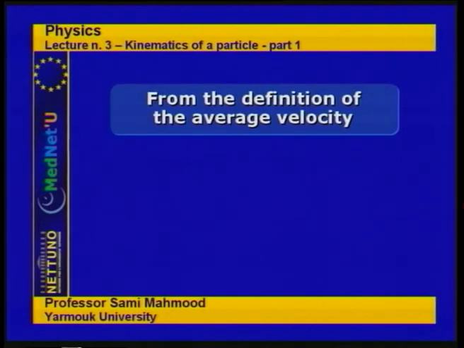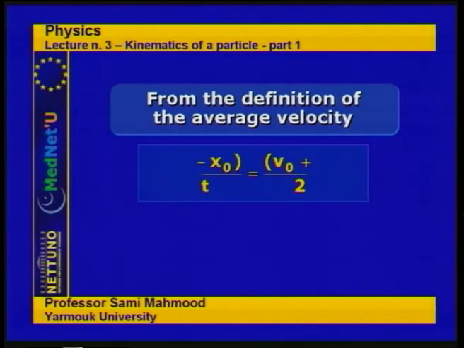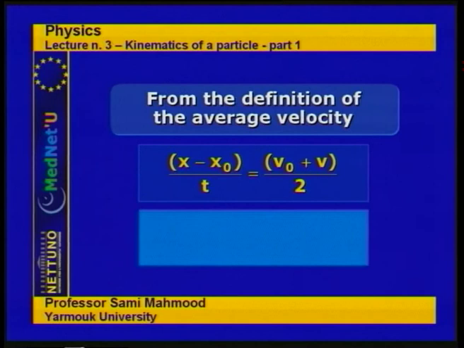From the definition of the average velocity, we have x minus x naught over t, which is simply delta x over delta t, is equal to v naught plus v over 2. This is from the definition of the average velocity, and this gives us the second equation of motion, delta x, which is equal to x minus x naught, is equal to 1/2 v plus v naught into t.